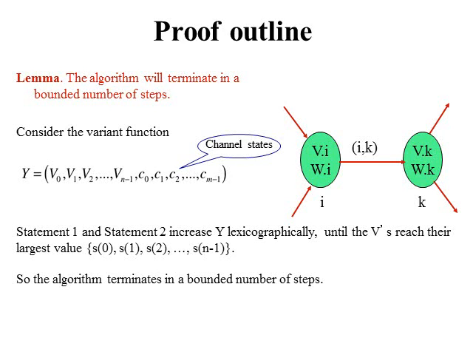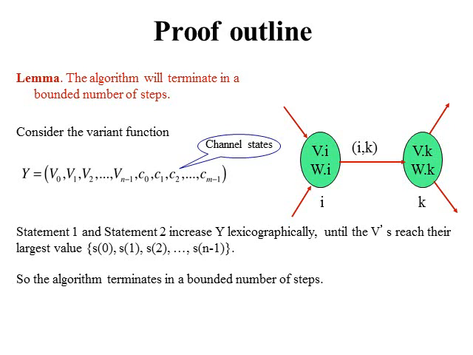As the algorithm proceeds and statement 1 and statement 2 of the algorithm are executed one after another, the channel state continuously changes as new states are sent over the channels and received by different processes, and the V sets also increase in size as they gather the state information of the other processes in the system.